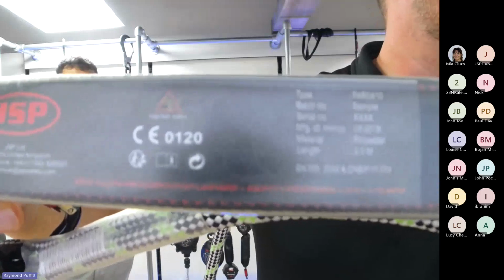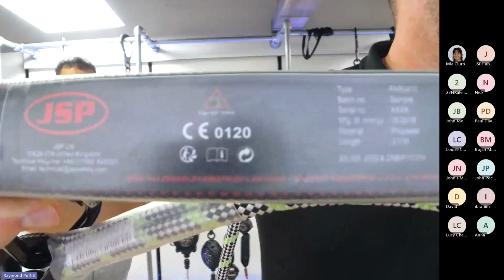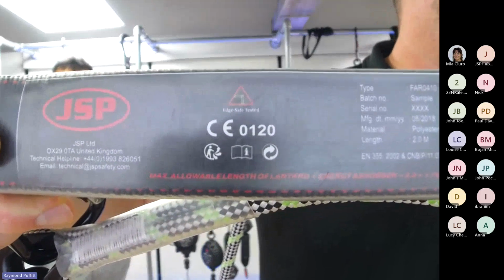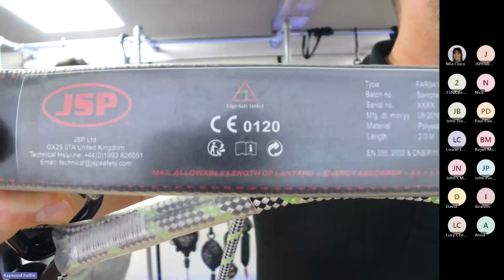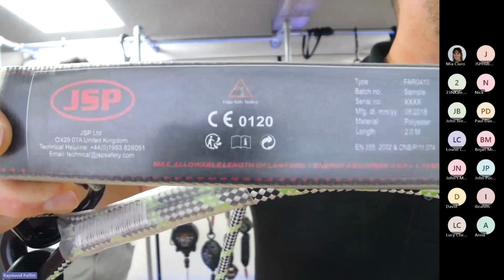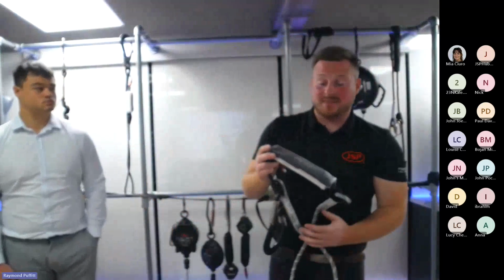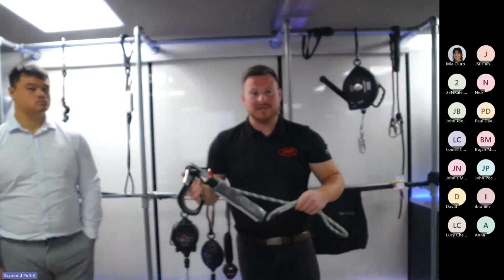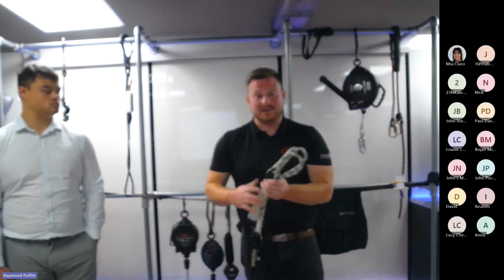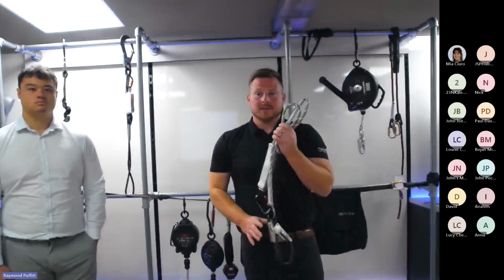Basically what that's saying is the length of the lanyard is 2 meters. When fully deployed, there is an extra 1.75 meters inside the shock pack that could come out. Again, we're thinking about the 6.75 meters, the full distance you need beneath you. That is obviously the same with sharp edge and just standard fall arrest lanyards.